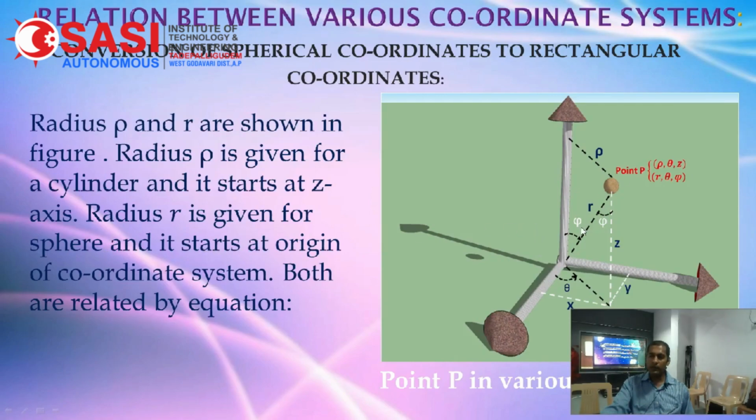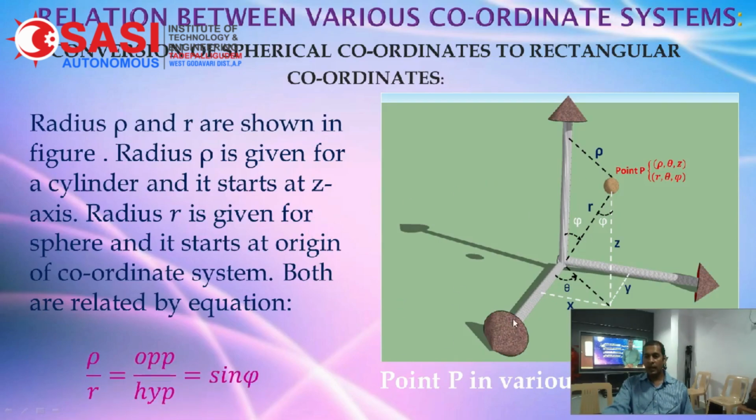This is the basic difference between the radius of the cylindrical coordinate system and the radius of the spherical coordinate system. Both are radius, but in spherical it starts from the origin, say r, and in the cylindrical coordinate system the radius calculation starts from the z axis.